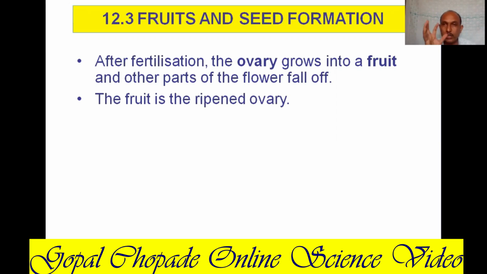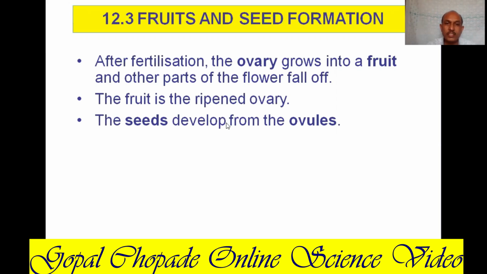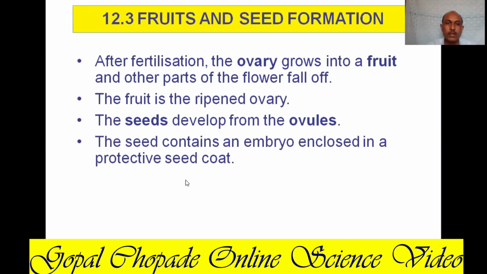So when the ovary gets ripened, that is called a fruit. And the seeds develop from the ovules. So the ovules become seeds and the ovary becomes a fruit after fertilization. And the seed contains a small baby plant called the embryo, enclosed in a protective seed coat.